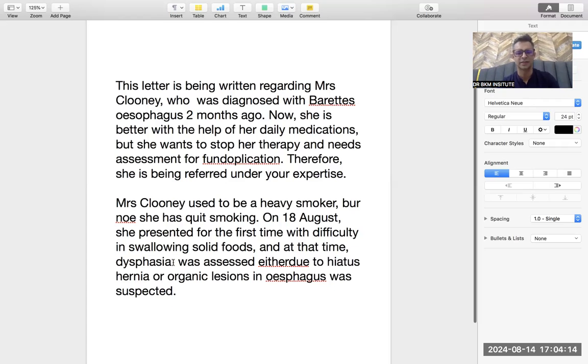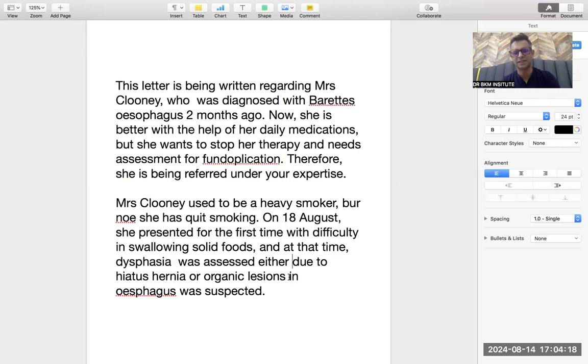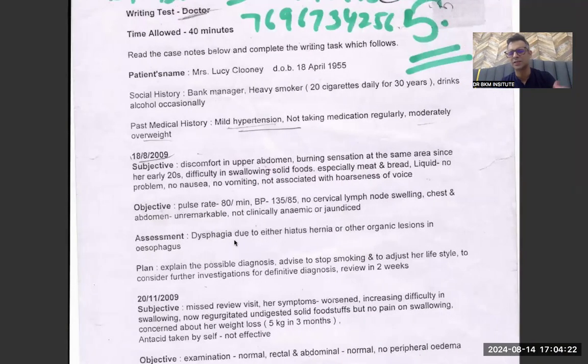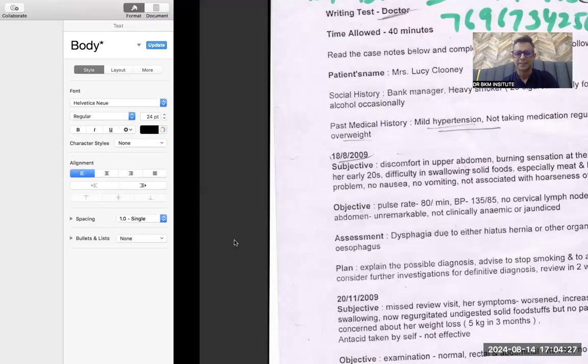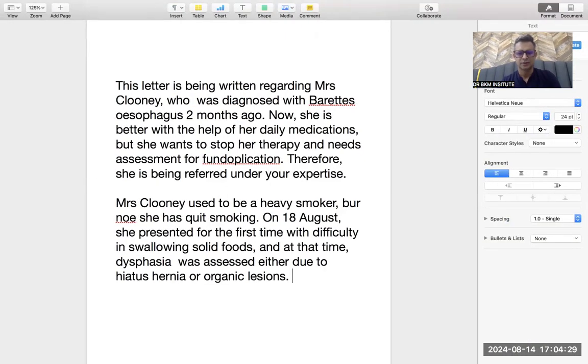Either due to hiatus hernia or organic lesions. Let's make it simple. So dysphagia was assessed. In this we can do this because they are saying dysphagia due to hiatus hernia or organic lesions, but dysphagia was there. Okay. Small things.